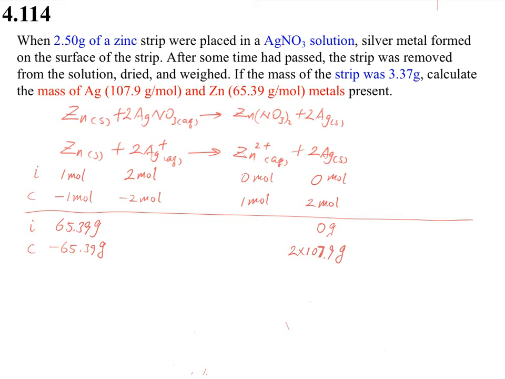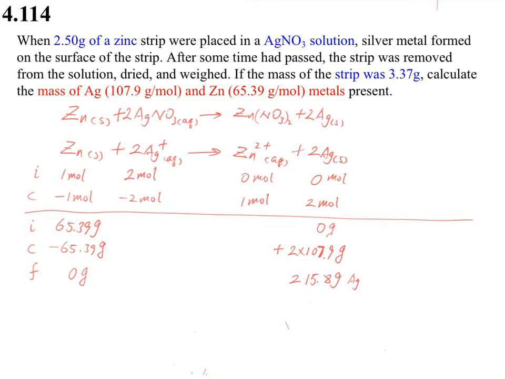Okay, so that's the gaining part. So what's the final? The final is we have 0 gram of zinc, hypothetically in this case, but we have 215.8 gram of silver.